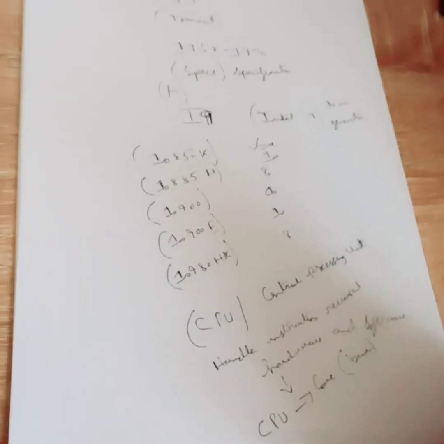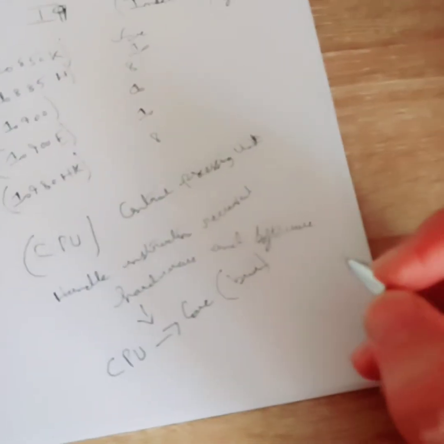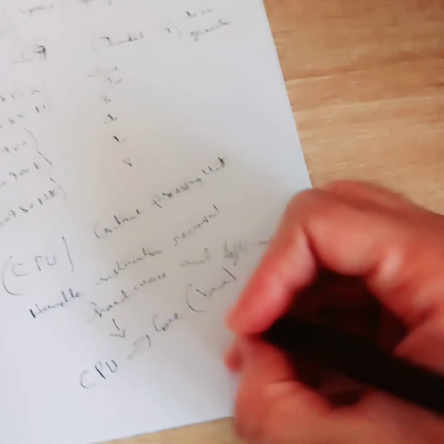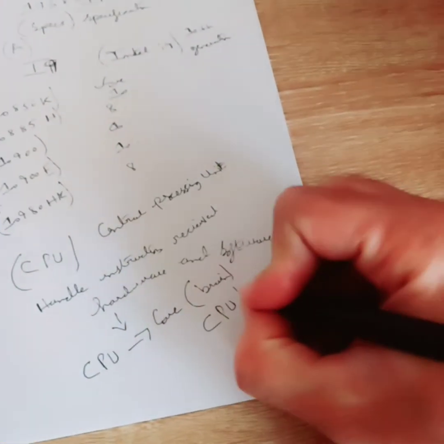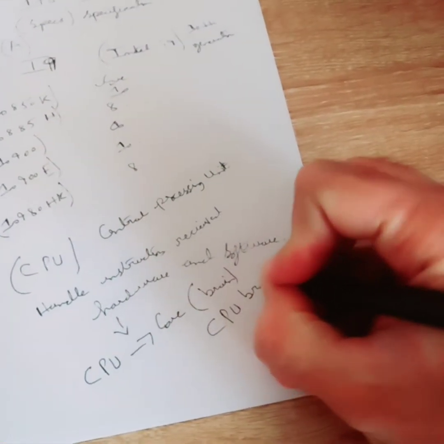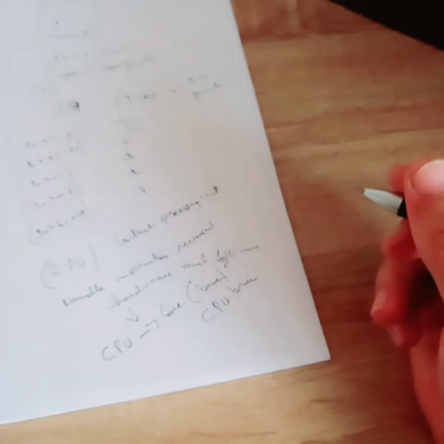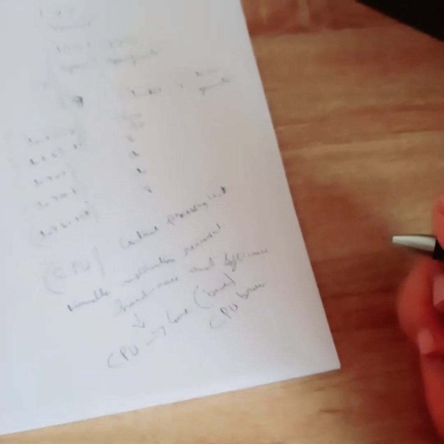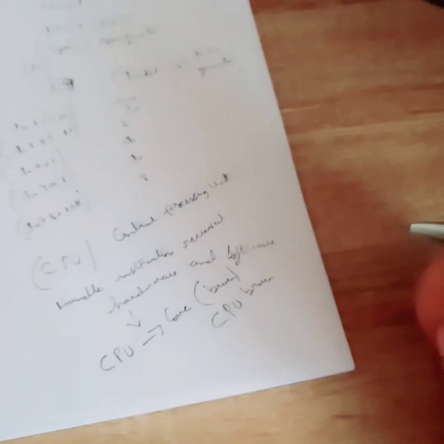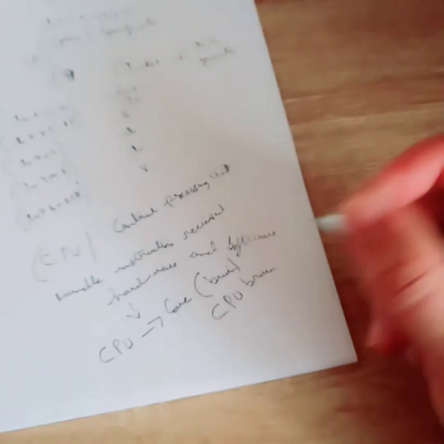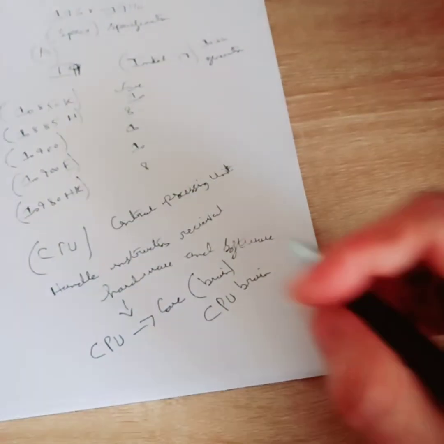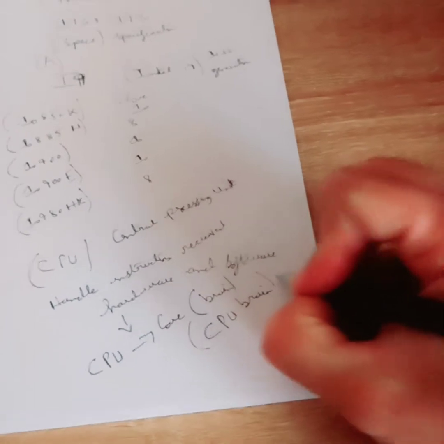Anyone? Core acts as the brain of the CPU. So CPU brain. I've gone into techno-medical science now. Techno-medical neurology. Right, so the CPU's brain is called core.